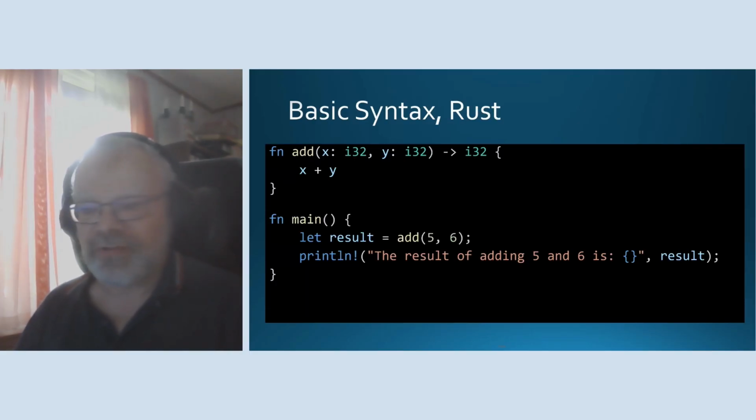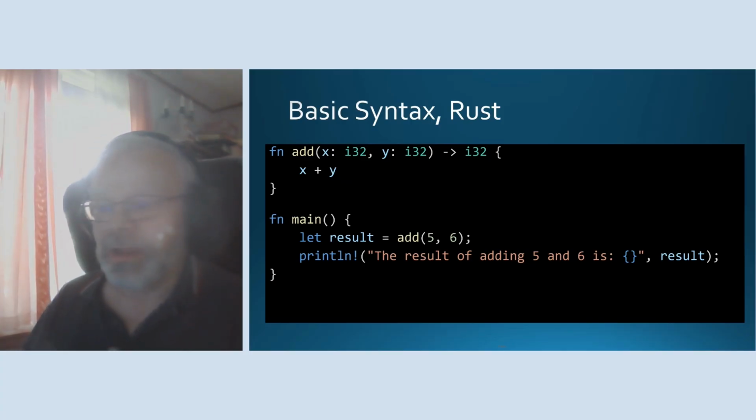Here's an example of Rust. Here we declare a function add. It takes two parameters, x and y. Both are 32-bit integers. The function also returns a 32-bit integer and just adds those two values together. And there is no return keyword here. The last statement is the return value, and there is only one statement in this function.